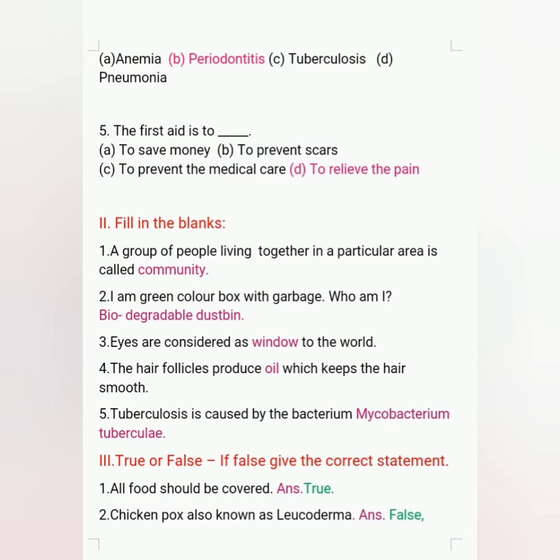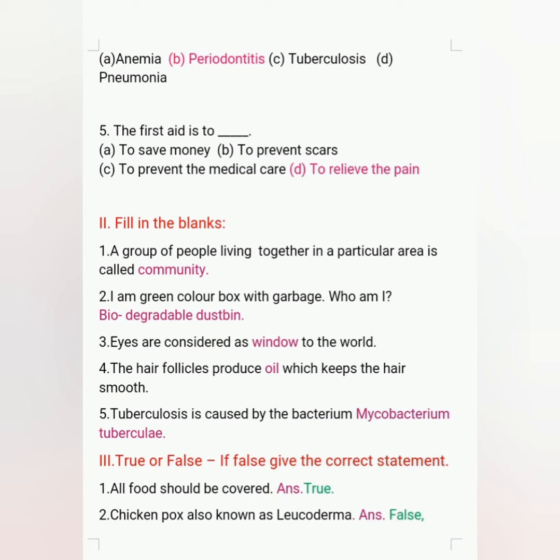The second Roman is fill in the blanks. Question number 1. A group of people living together in a particular area is called dash. The correct answer is community. Question number 2. I am a green color box for garbage. Who am I? The correct answer is biodegradable dustbin. Question number 3.